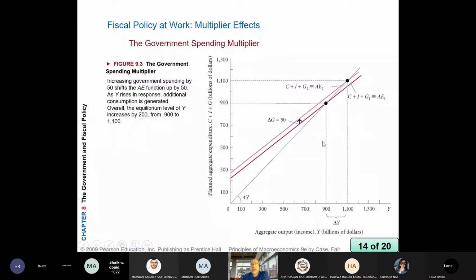So at 900, the new level of planned aggregate expenditure is more than aggregate output. There will be an unplanned decrease in inventory. The business sector will react by increasing output. There will be a multiple increase in output due to the increase in consumption. So the new equilibrium level of output will be at 1100. If you would like to calculate the government spending multiplier, 200 divided by 50, it will be 4.